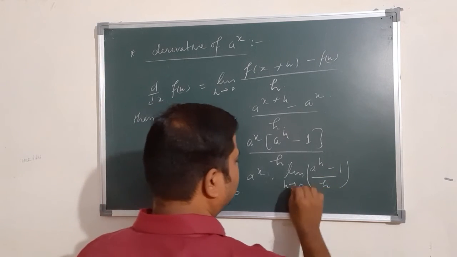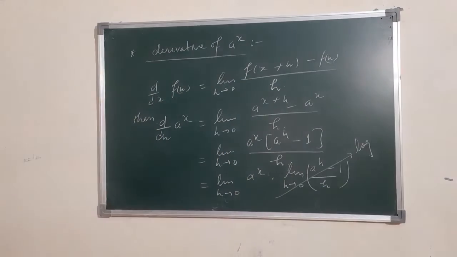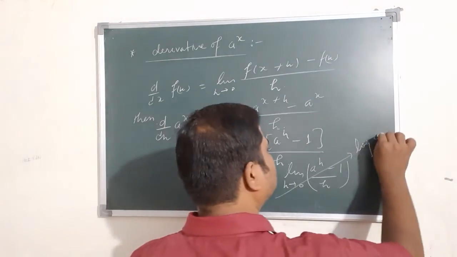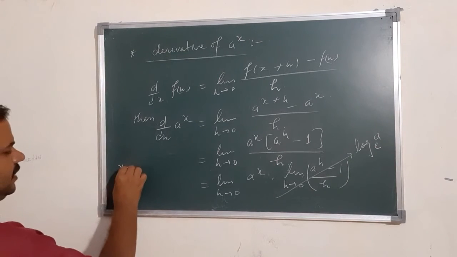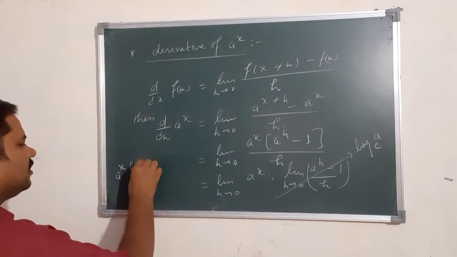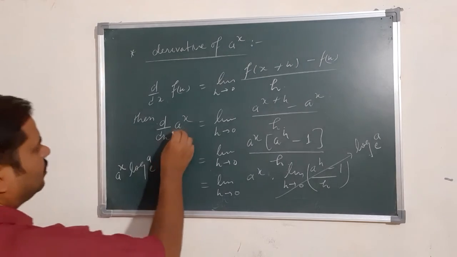And this you know very well, this limit is log a base e. So we can write here a to the power x log a base e. So this is the differentiation of this function.